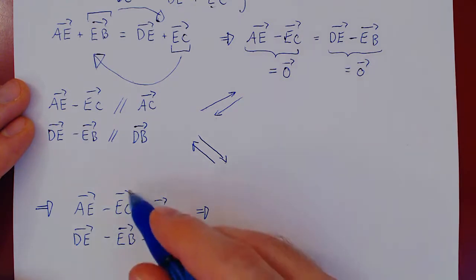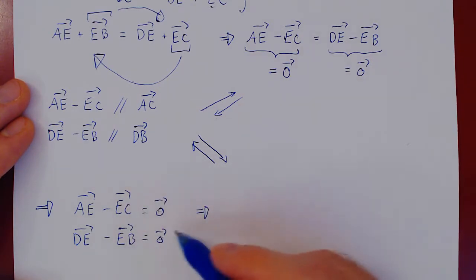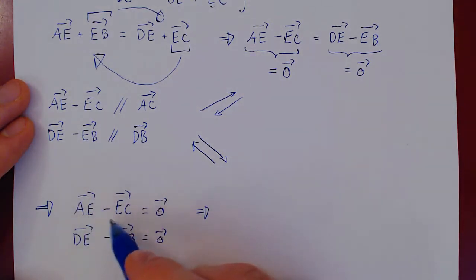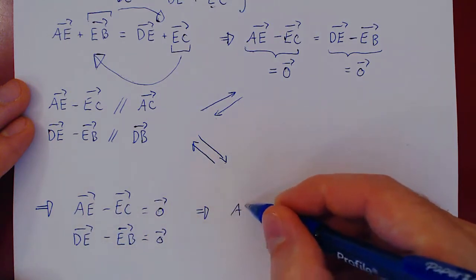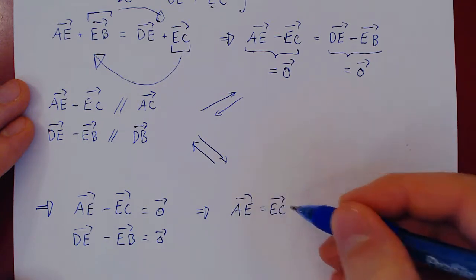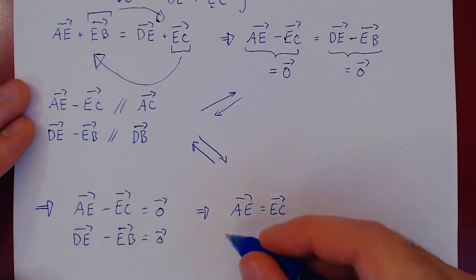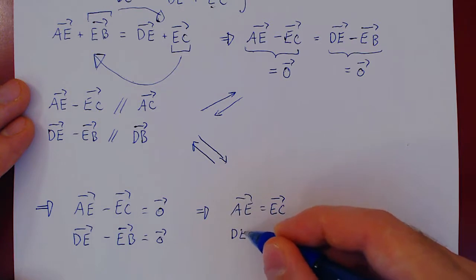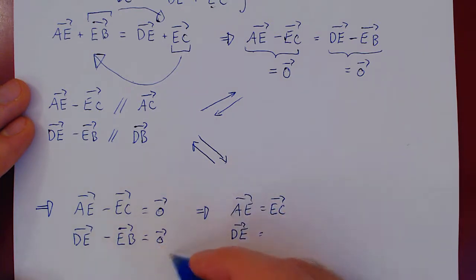Well, send EC on this side, send EB on this side, and what do we have? Vector AE equals vector EC, and vector DE equals vector EB.